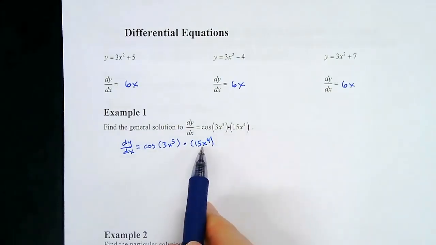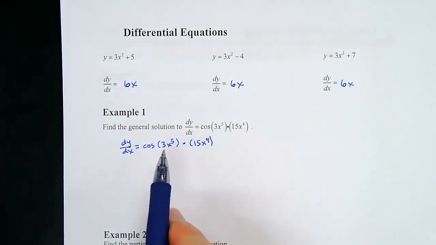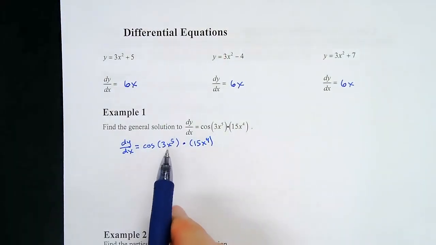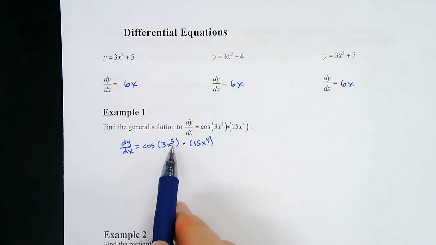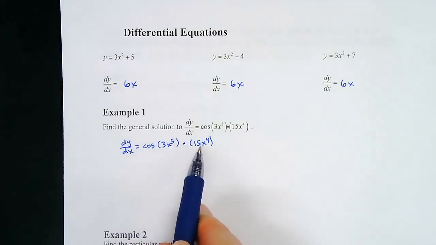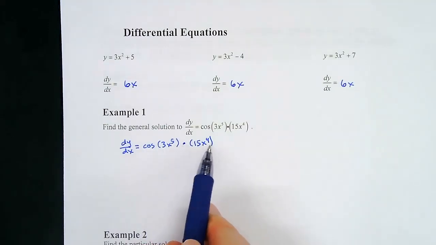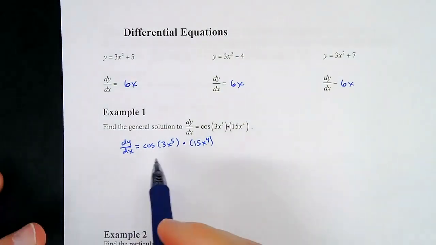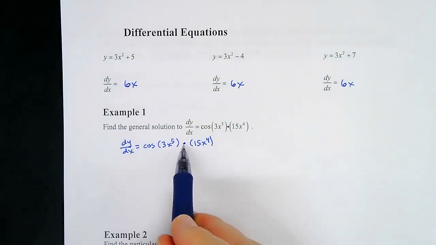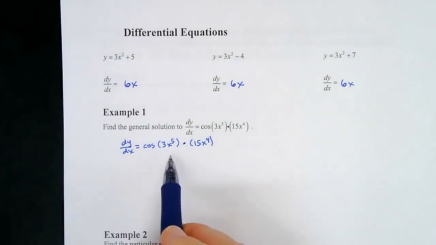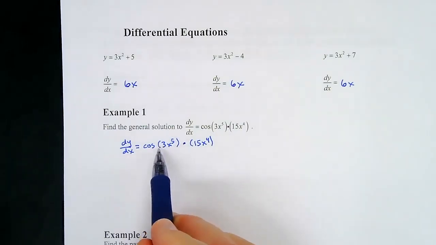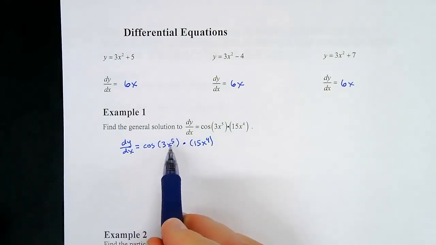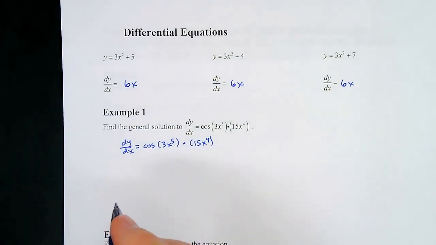You may want to look at this and go, wait a minute. If I take the derivative of 3x to the fifth, that would give me 15x to the fourth. So we're multiplying, and this came from the chain rule. We can tell because it's multiplication, this came from taking the derivative of the inside function.